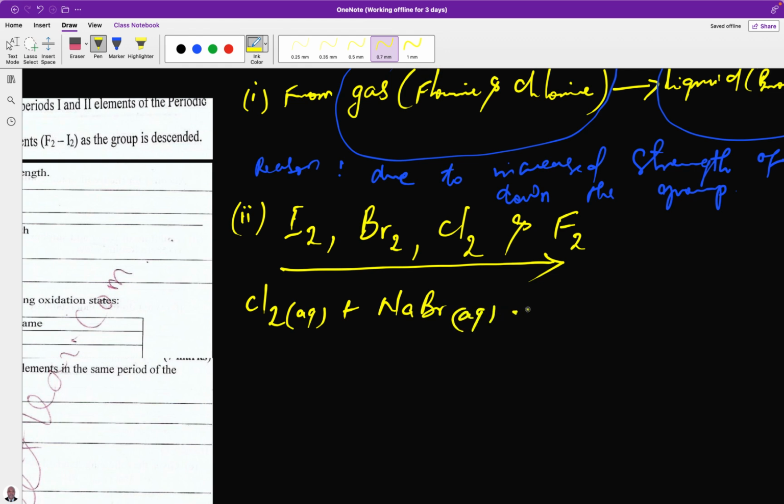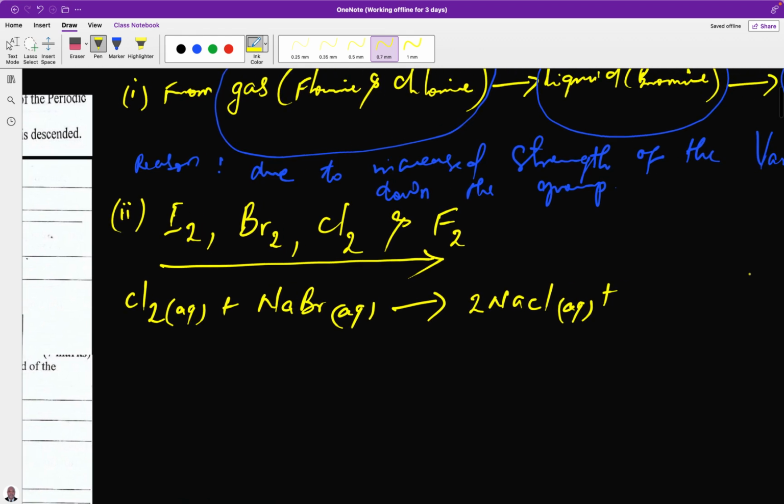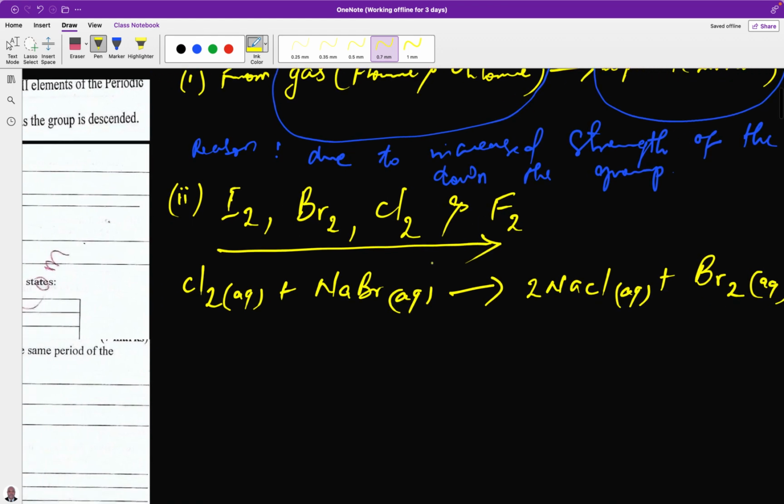You will see that this is a displacement reaction because it will be 2 sodium chloride, which is aqueous, plus bromine. Balancing the equation, you will see that this will be there. So chlorine has a high oxidizing ability because it's going to displace bromine.